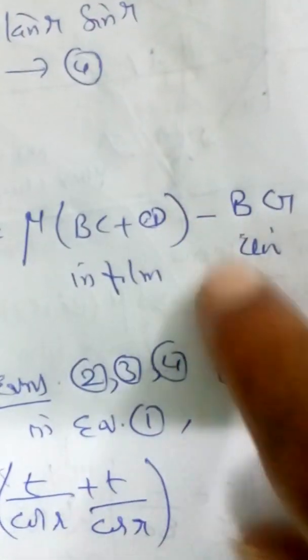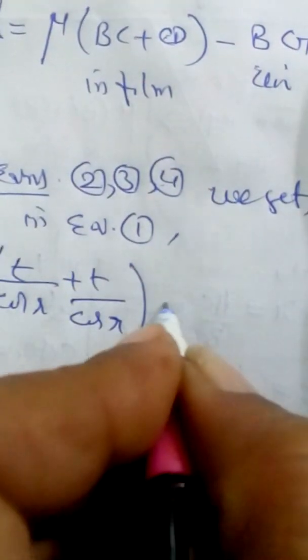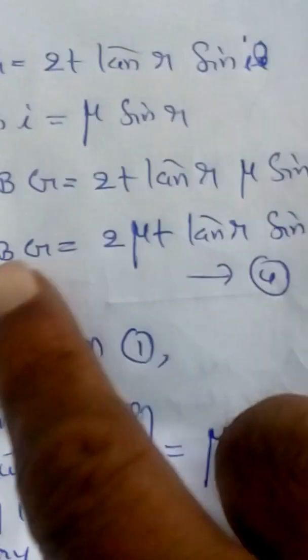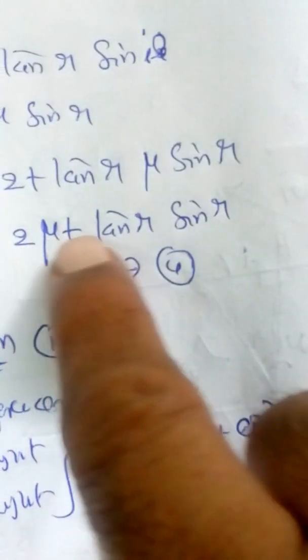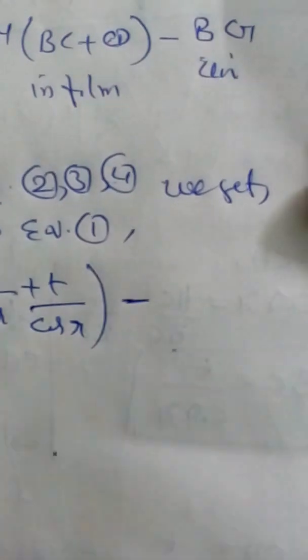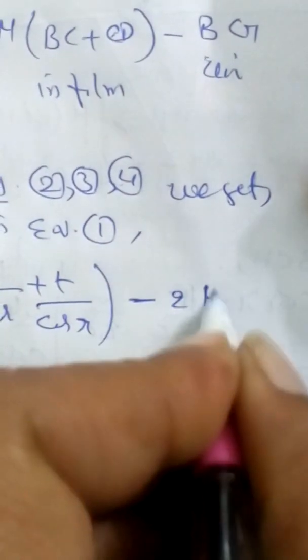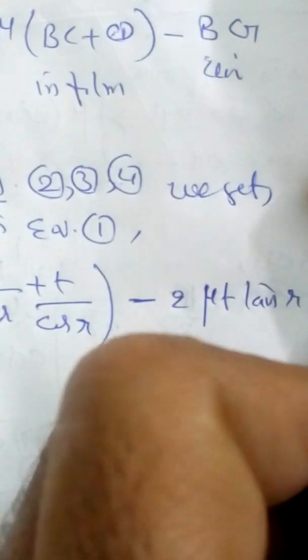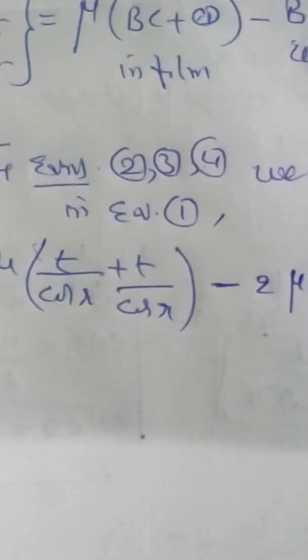That is what mu into BC plus CD minus BG. What is BG? BG is found to be 2 mu T tan R sin R. So that is minus 2 mu T tan R sin R. This is the equation.